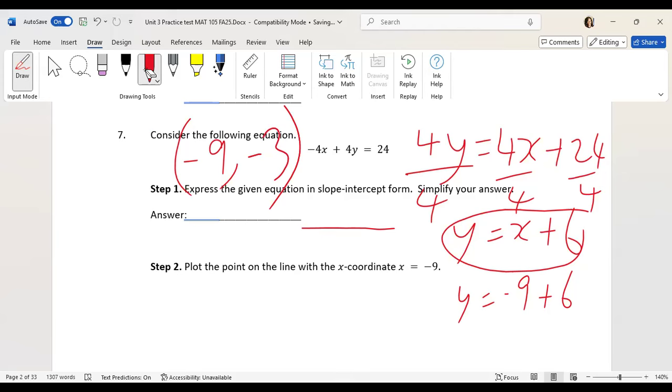And you can use the slope-intercept one. By the way, let's sketch it. It doesn't look very pretty, but that's okay. The y-intercept of that line is 6, so I'm plotting 6 here. The slope is -9 over 1.